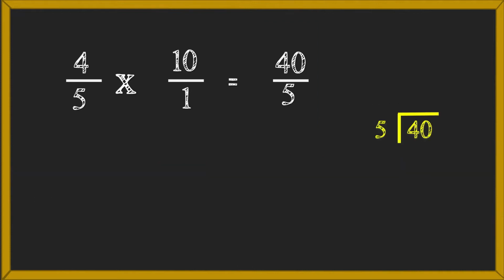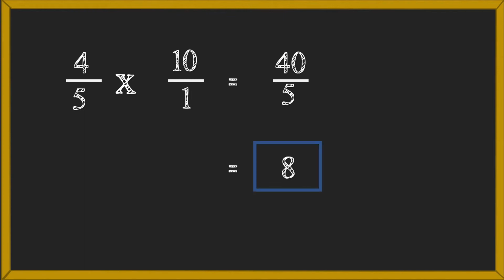And we have 40 divided by 5. Okay, since we get the exact answer, which is 8, the final answer now will be 8. 4/5 divided by 1/10 is equal to 8.